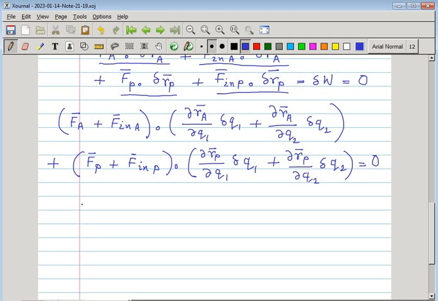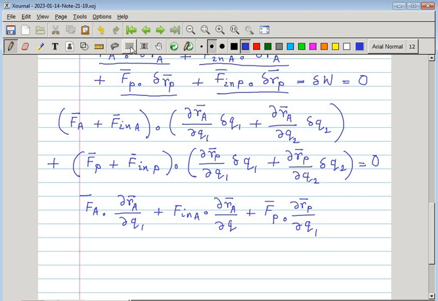So that is Fa dot del ra/del q1 del q1 plus F in A dot del ra/del q1 del q1 plus Fp dot del rp/del q1 del q1.